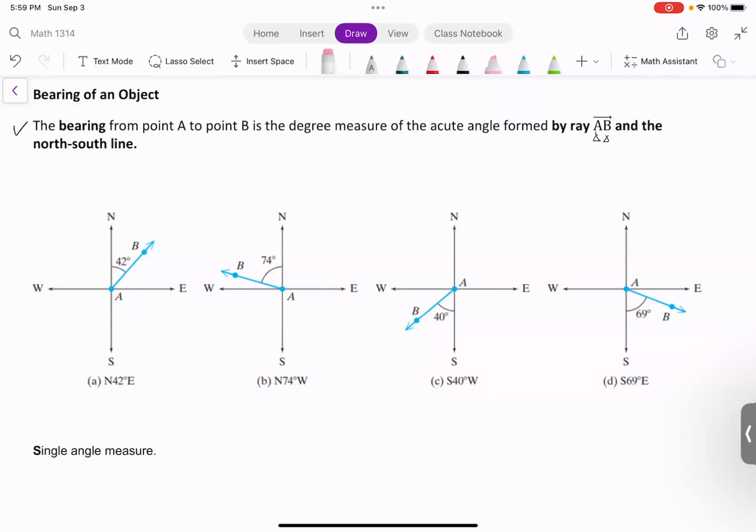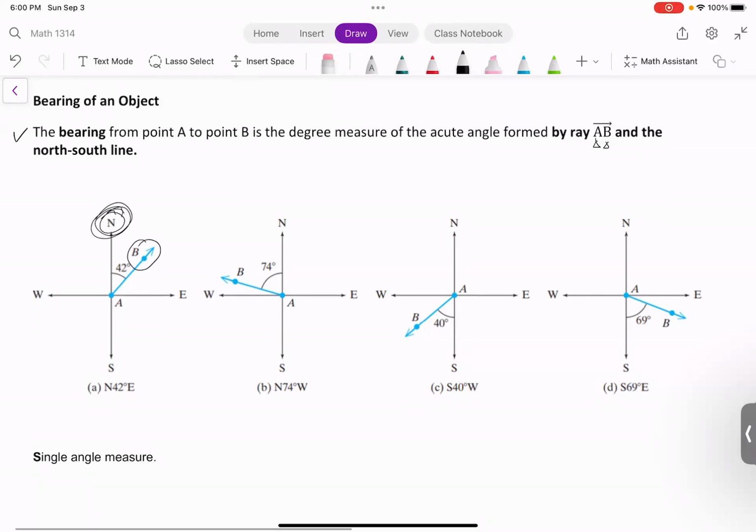How to describe the bearing? First, I need to see where B is. Is point B on the north or south part of A? North, because it's above the west-east line, very close to the north pole here.